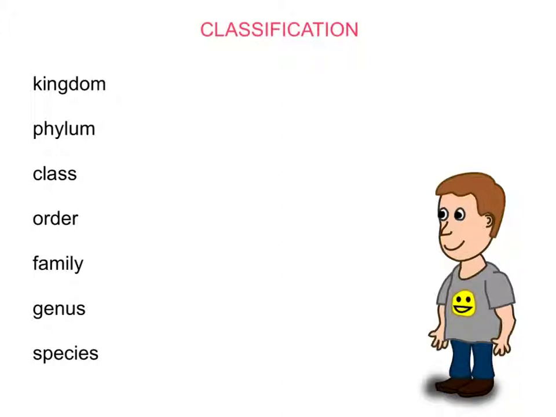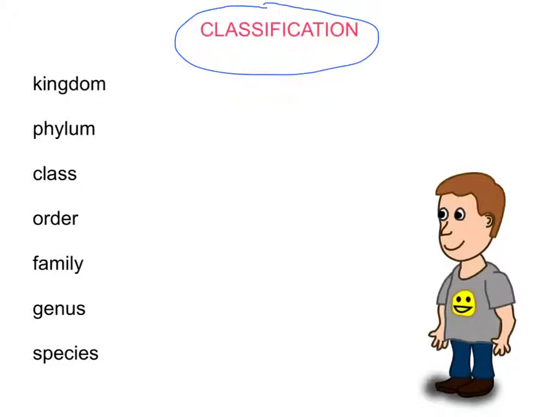So first of all, let's think about this word classification. Classification is the word we use when we are organising living organisms into groups. That's actually what classification is. It's when we organise living organisms into very particular groups.